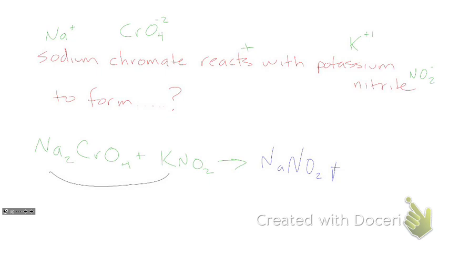My board is uncalibrated today. What else are we going to swap is the other cation, sorry about that. So potassium and chromate are going to swap. But potassium has a charge of +1 and chromate has a charge of -2. So I need 2 potassiums to balance that. Okay, K2, and then we're going to have our CrO4.